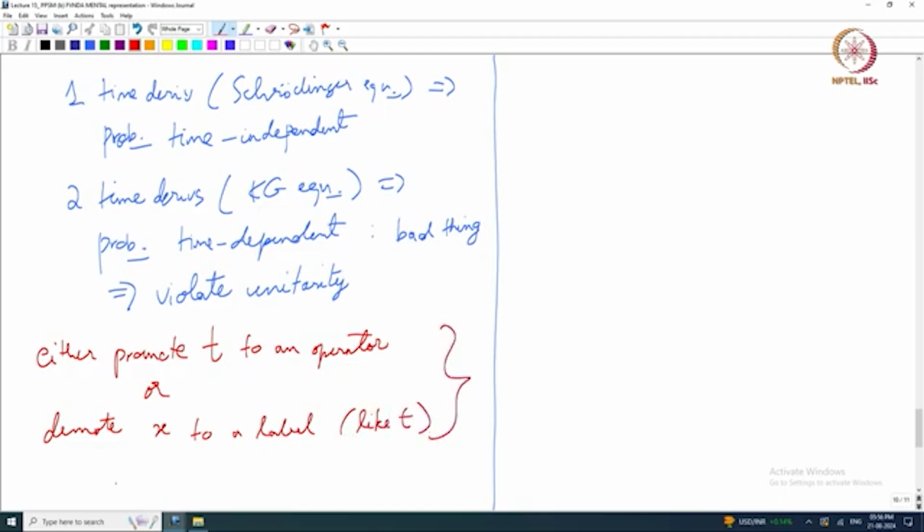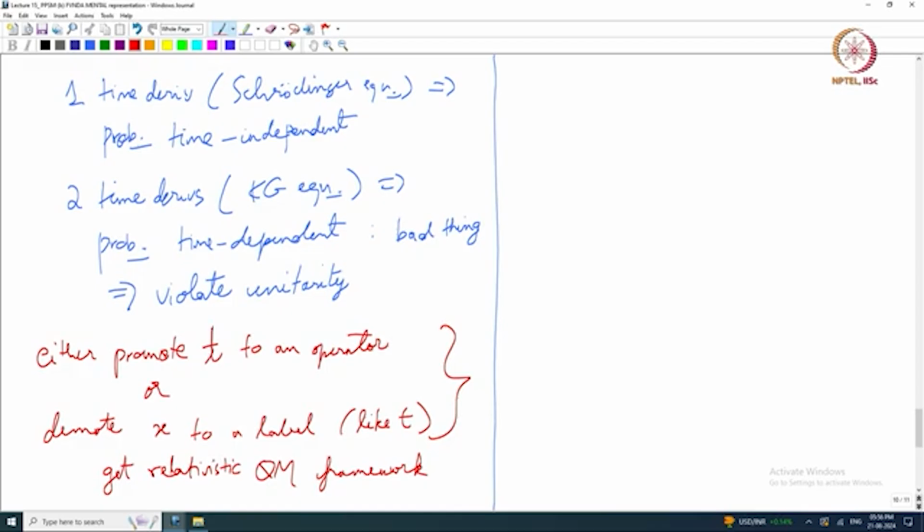This is to get a sensible relativistic quantum mechanics framework, let us call it that. Do you agree now? At the least we have to do one of these two things, right? So the first option is something I am not going to talk about in this course. You can go look up Srednicki.